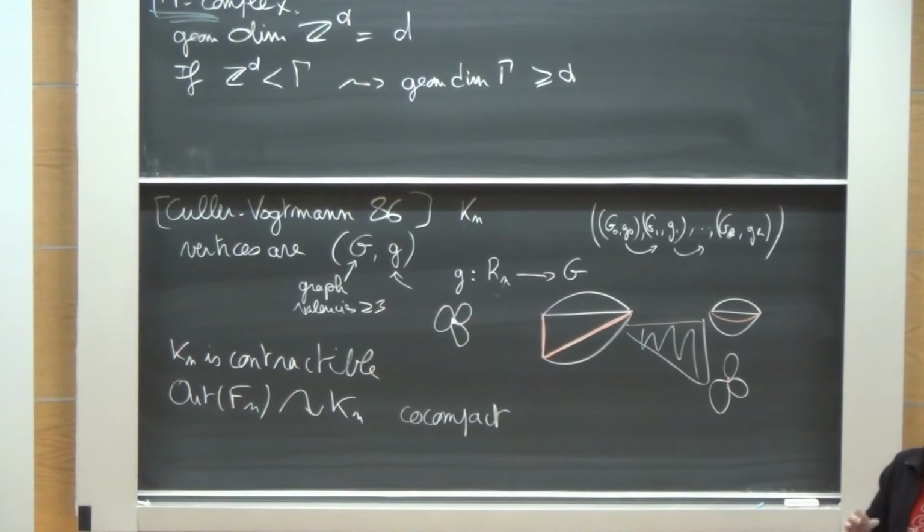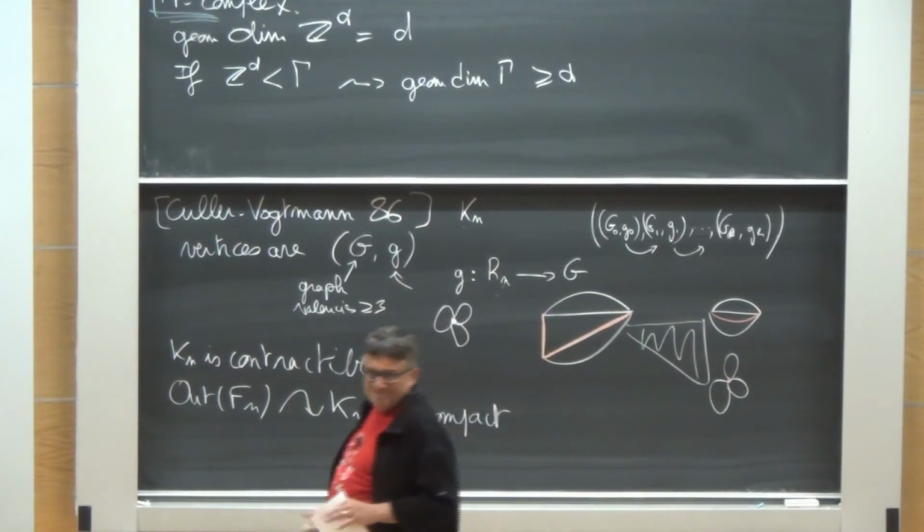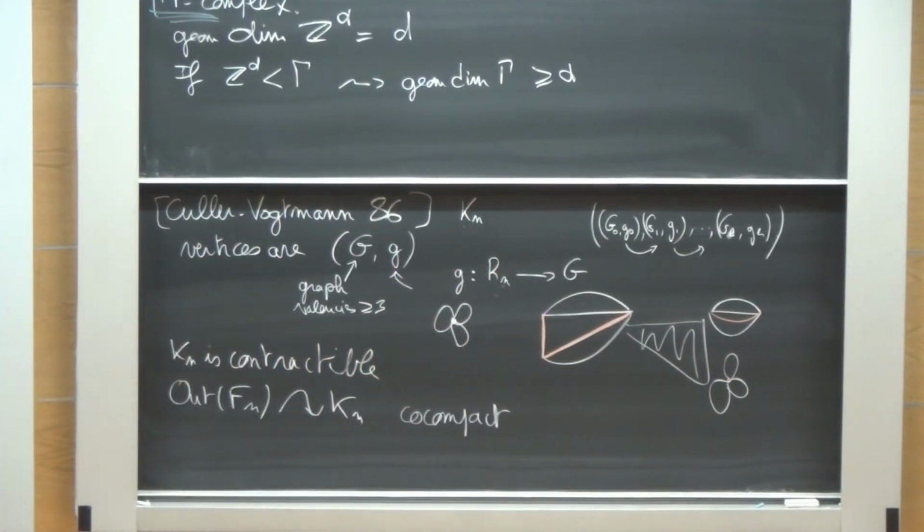Out(Fn) admits some finite subgroups. When a group is finite and non-trivial, this is why I put torsion-free there. It is quite a stupid thing. The geometric dimension of a finite group would be infinite.